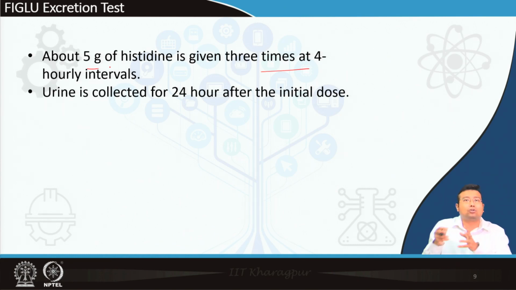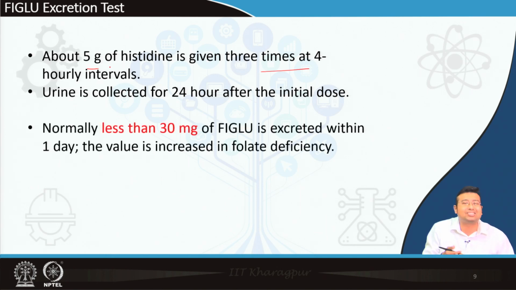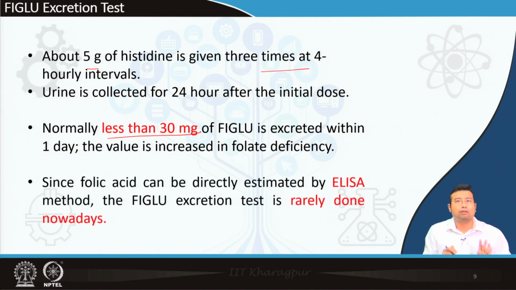We measure the total amount of FIGLU excreted in the 24 hours of collected urine, and generally it is less than 30 milligrams per 24 hours, and this is raised in folate deficiency. Alright, so this is the cutoff value beyond which it indicates folate deficiency.